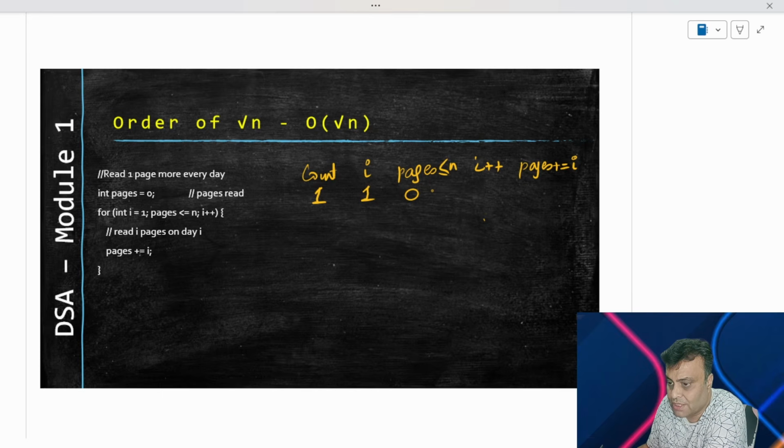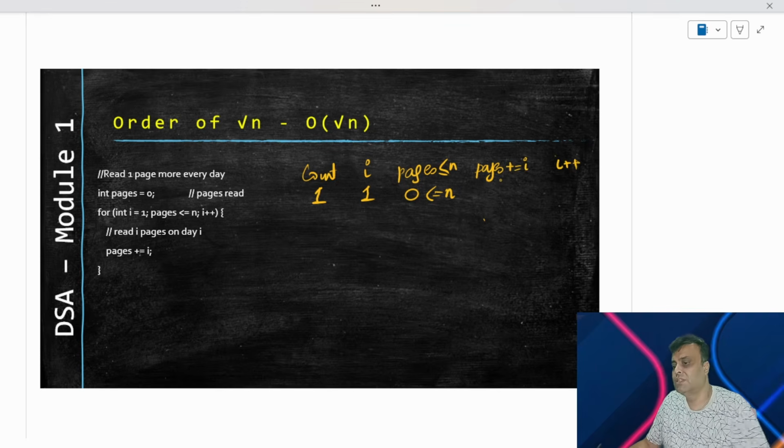So 0 is less than equal to n. That will be true. Right? First of all, what will happen is not i plus plus. So first of all, our pages plus equal to i will happen. If you are aware of how C works, that's what will happen. So first pages plus equal to i will happen, and then your i plus plus will happen.